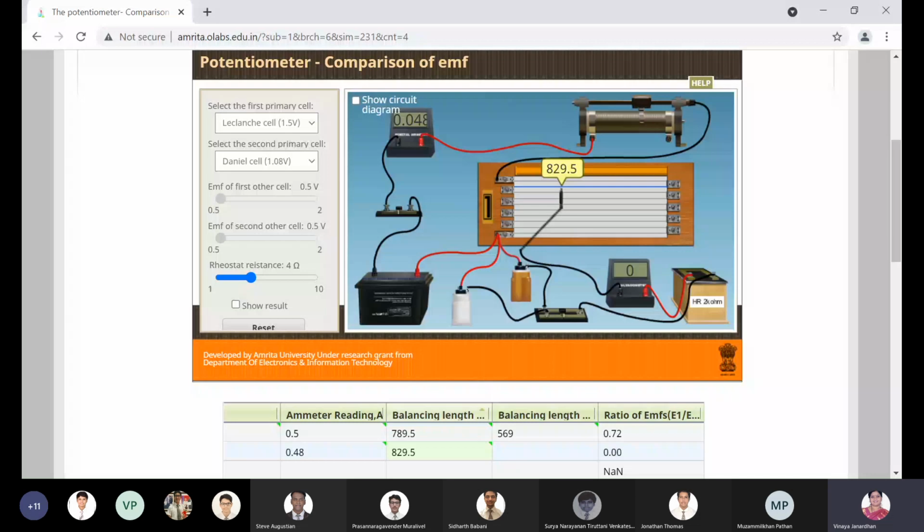Fadil, your values along with your simulation, whatever values you have recorded, just record the values for 0.50 and 0.48 right now. So Fadil, I want the screenshot with the tabular column, whatever you have filled. I want to see this simulation with the tabular column. One is for 0.50, the other one is for 0.48.